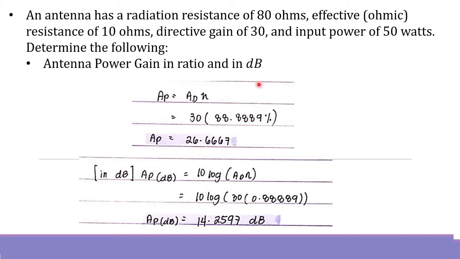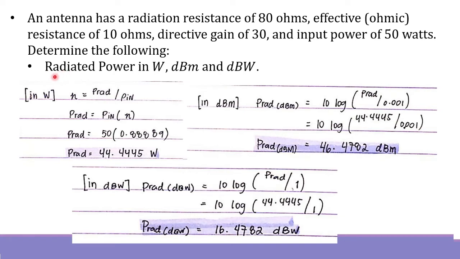And then we will be needing to get it in dB. So the solution would be 10 log of the directive gain times efficiency. So let's just substitute 10 log 30 times 0.88889. So we will have the value of power gain in dB as 14.2597 dB.